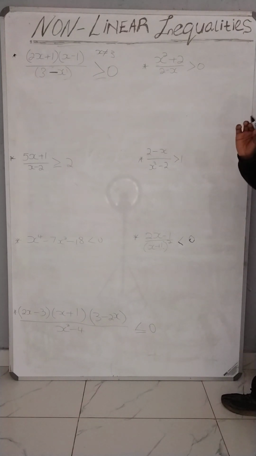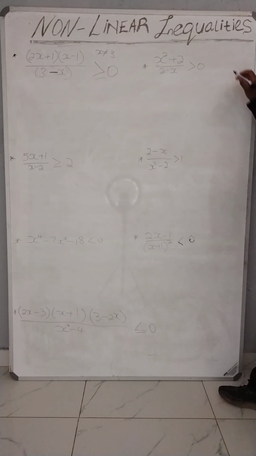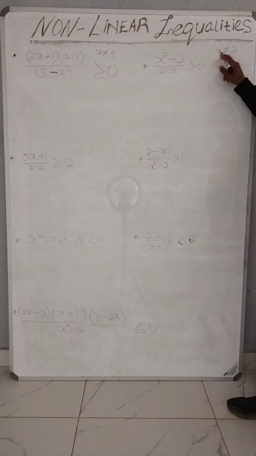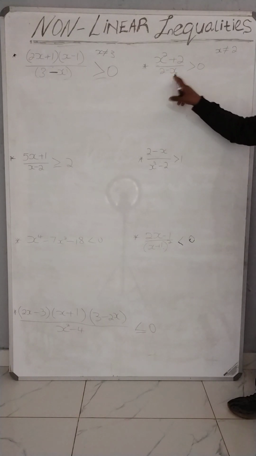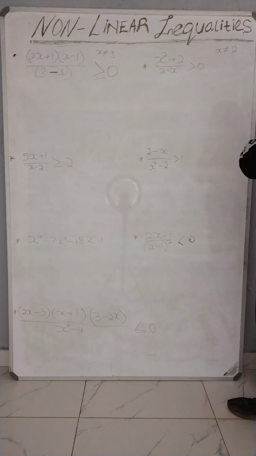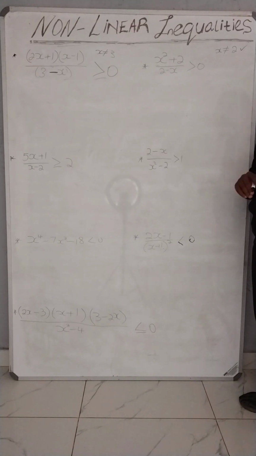The first thing that you notice is that x is not equal to 2, because if x is equal to 2, you have 2 minus 2, and then your denominator becomes 0. You cannot divide by 0. Okay, so you'll get a mark for the first answer.